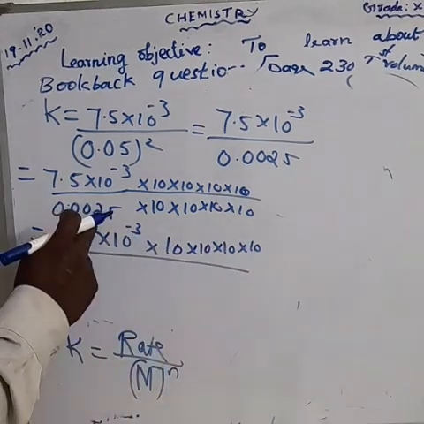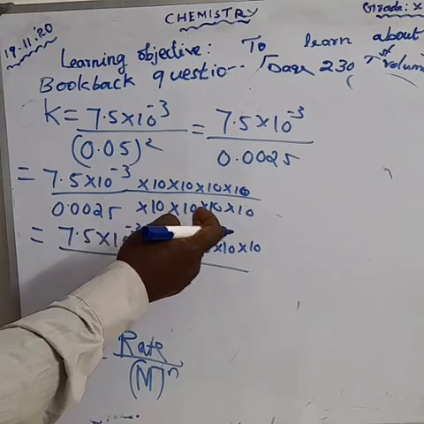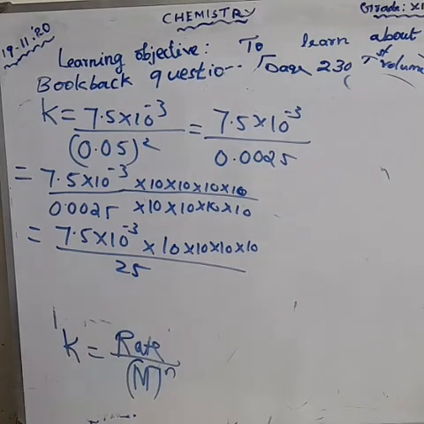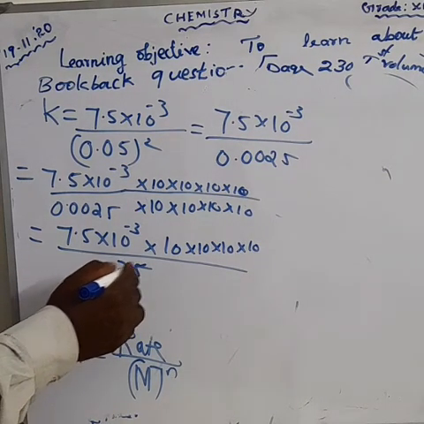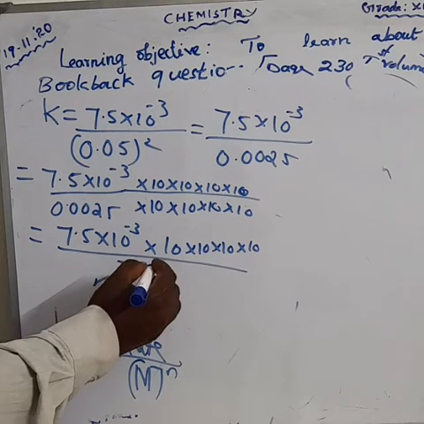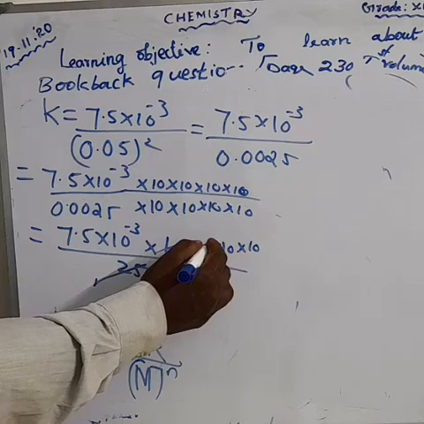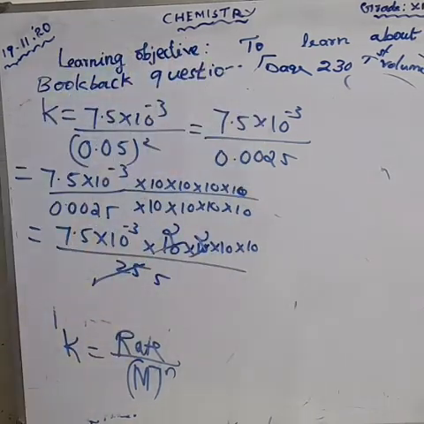So when you multiply by 10, again 10, again 10, again 10, we get 25 below. So easily you can cut here: here 5, 10, also we have 2.